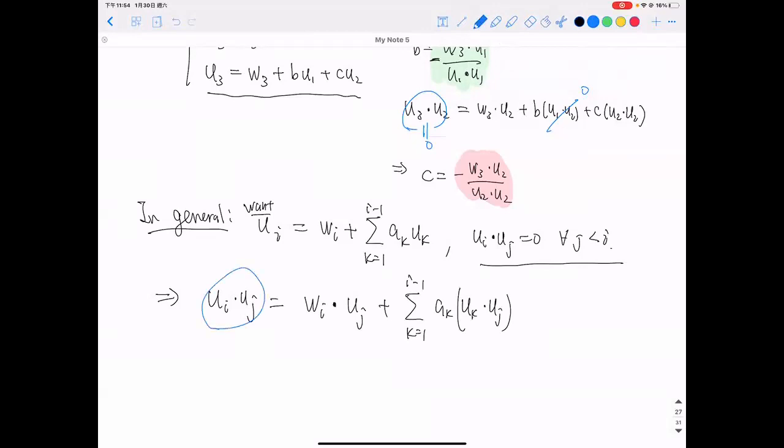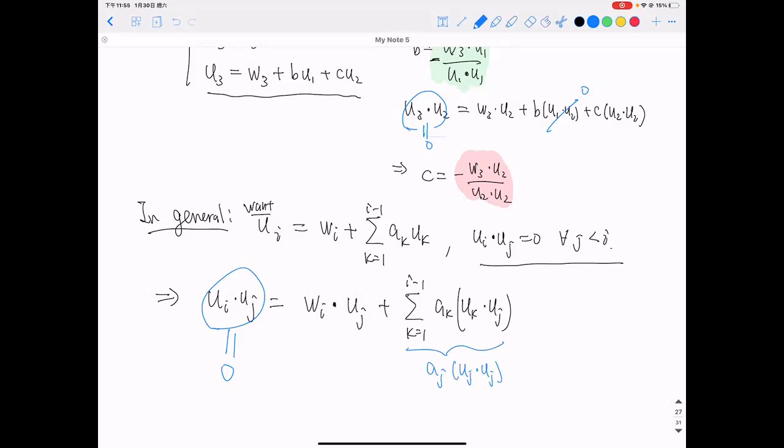We impose the condition that Ui dot Uj is 0, and for each j here, j is less than i, so U_k dot Uj will only be non-zero for one term, k equals j. So this expression here is just A_j Uj dot Uj.